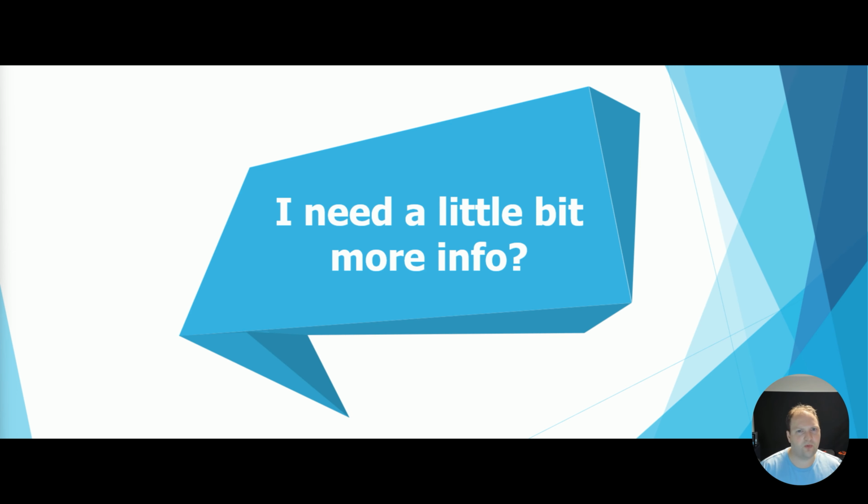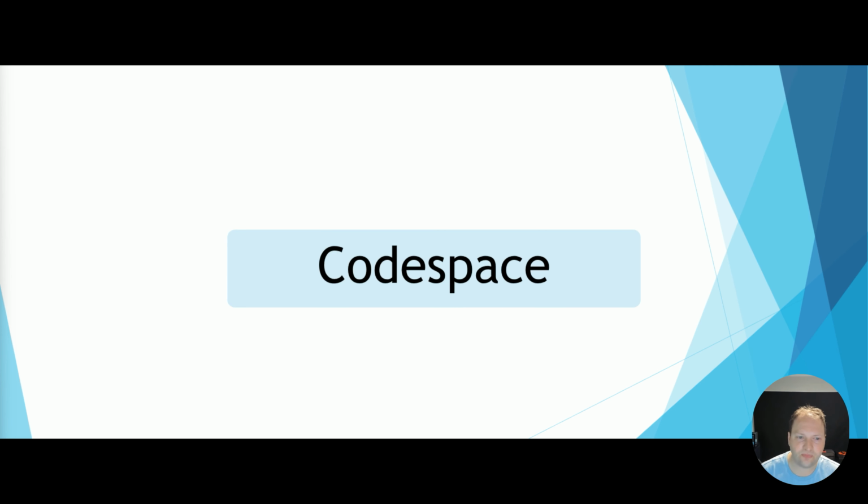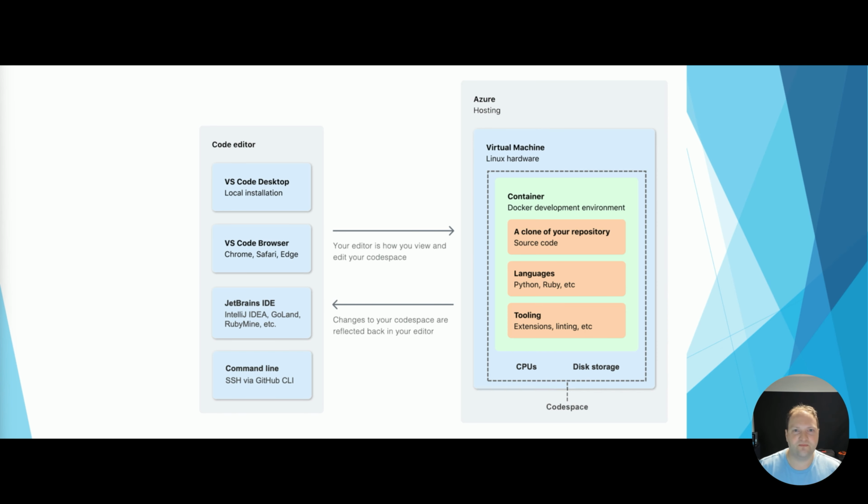So what exactly am I talking about with Codespaces and notebooks? I need a bit more information, Luke. What are you talking about? So a Codespace is essentially a container that runs on the Azure platform hosted by GitHub, and it gives you your IDE, so integrated development environment, that's Visual Studio Code.